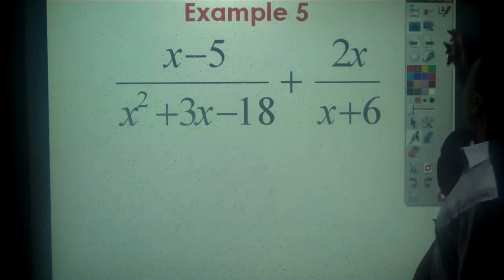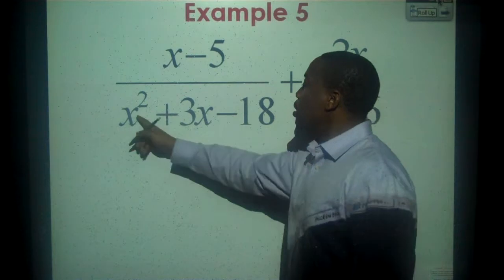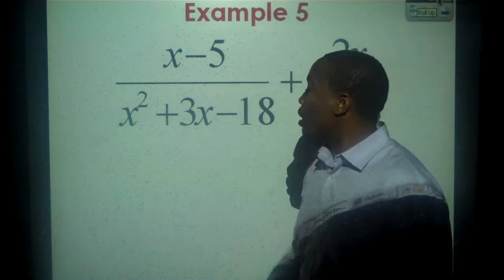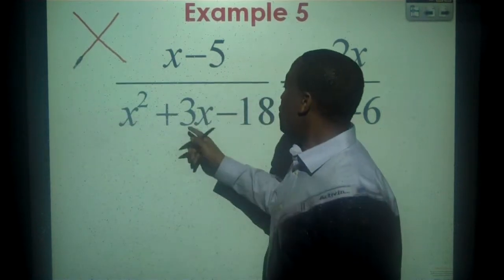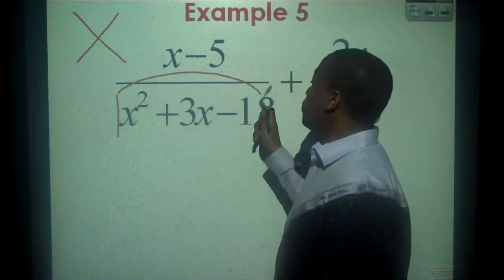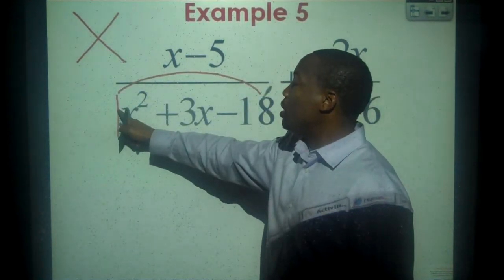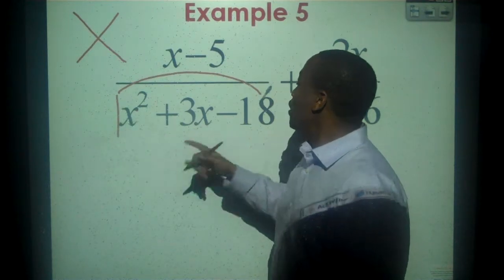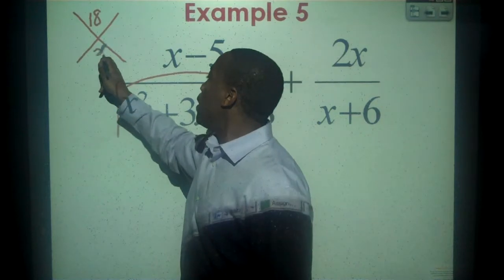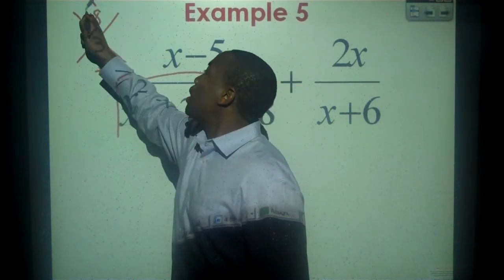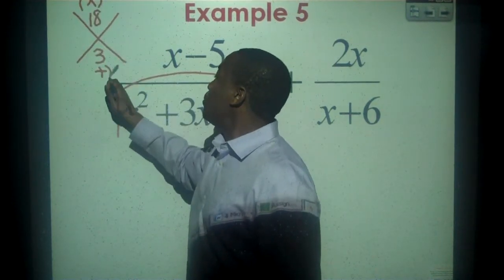We get this trinomial right here, and I'm going to use my X box again. This is a 1, so I'm going to have to use a box. So that'll be 18 on the top, and what's in the middle goes to the bottom, that's plus. So multiply on the top and add to the bottom.